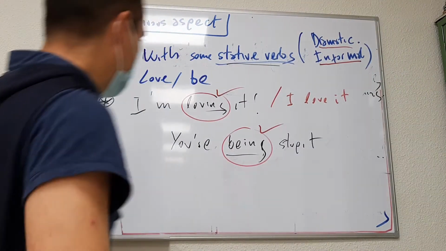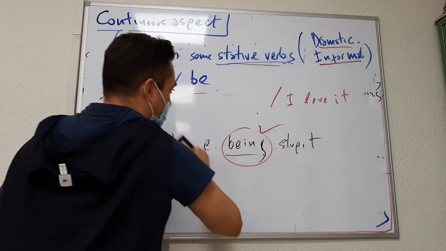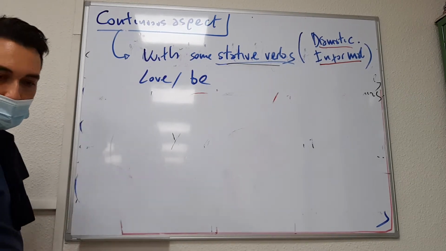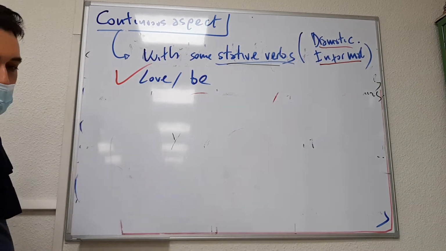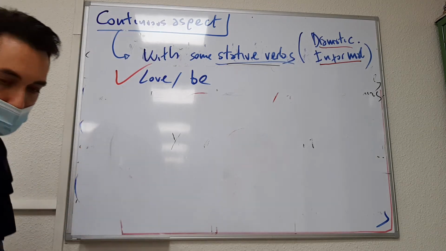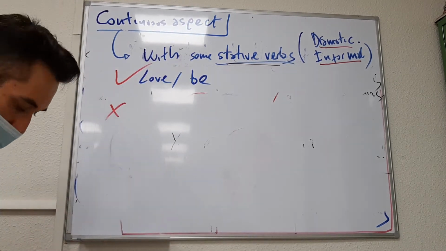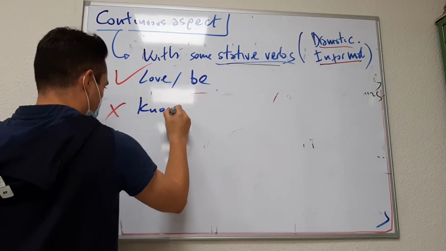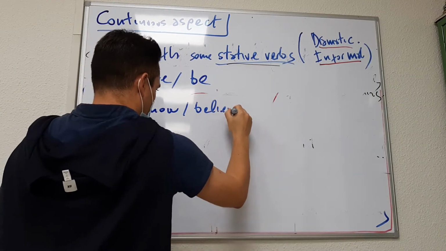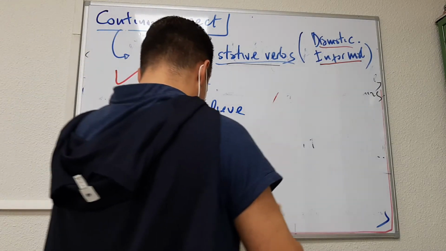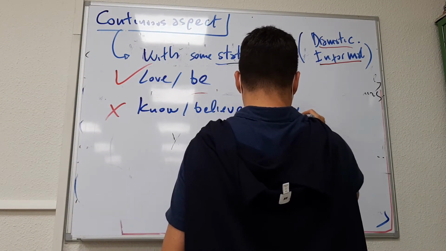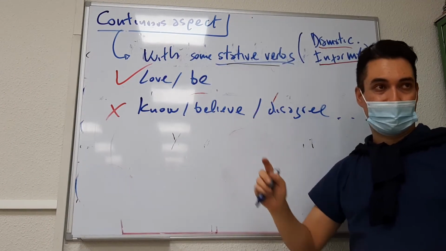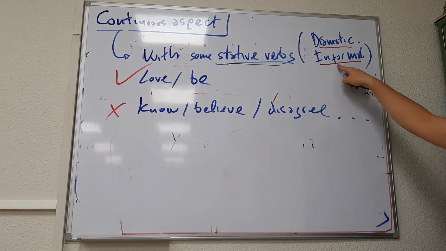However, be careful, because there are other stative verbs. With some it's okay, but there are other stative verbs that would never accept ing forms: know, believe, disagree, and so on. These can never accept ing, not even in an informal context.